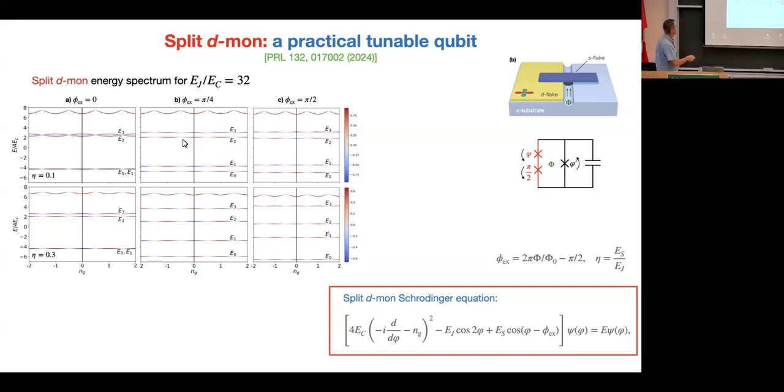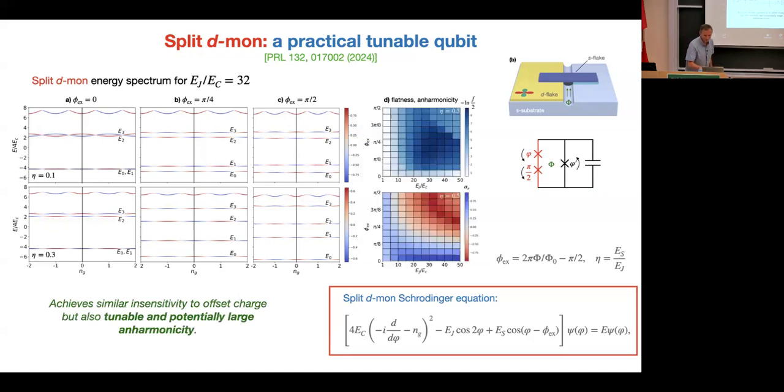So for instance, in this graph, you see that the anharmonicity is large. In this case, it's positive because the spacing between the level 1 and 2 is larger than 0 and 1. In this case, it can be negative, which can have some advantages for practical qubit design. And one can map out these parameters and find sweet spots where you optimize this flatness and you optimize the anharmonicity. And so one has all this flexibility.